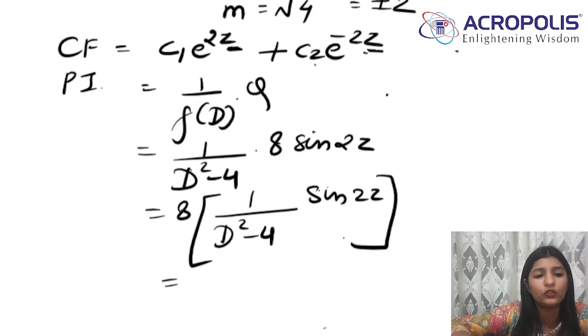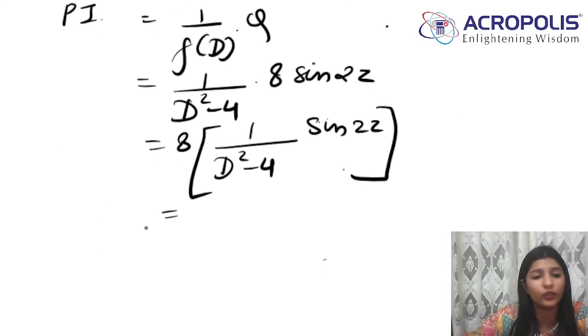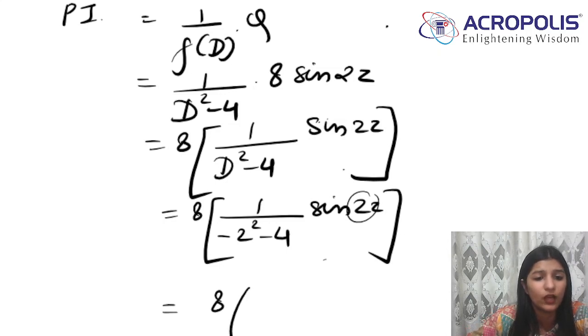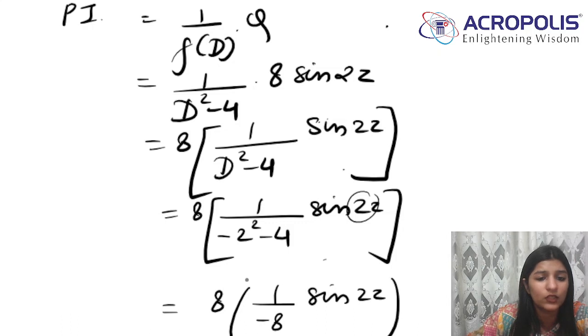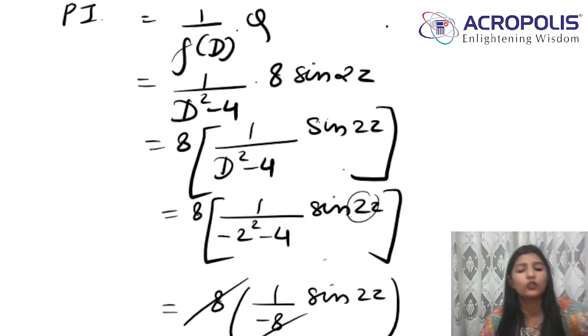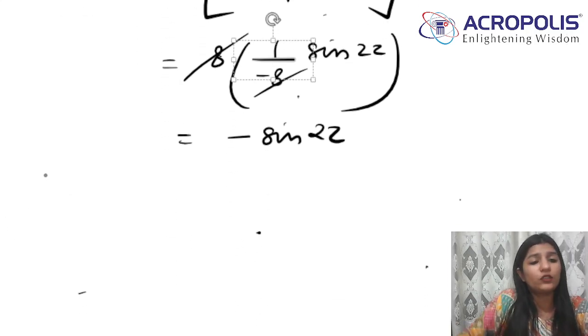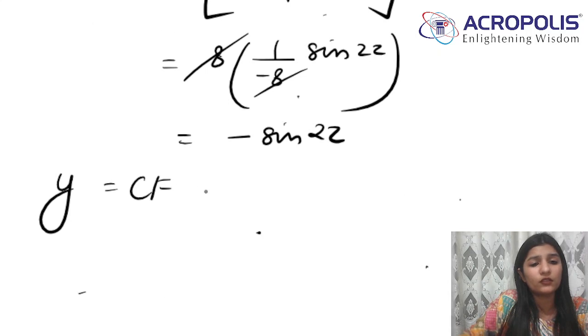Now you have to use the shortcut method of PI for trigonometric function, and in place of D square you will put minus 2 square, because here the coefficient of z is 2. Now this will be minus 8 and this is sine 2z. 8 and 8 cancel out, so minus sine 2z. The value of PI is minus sine 2z, so the complete solution is CF plus PI.